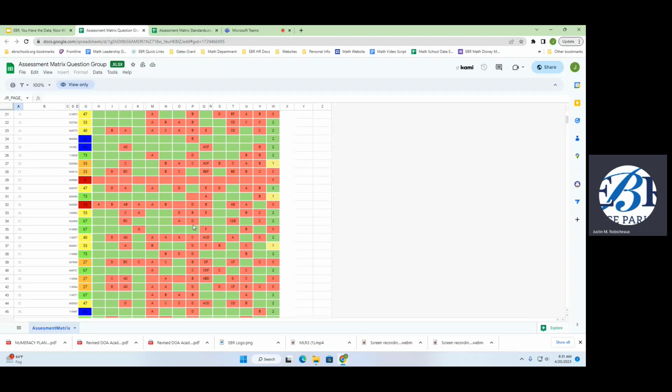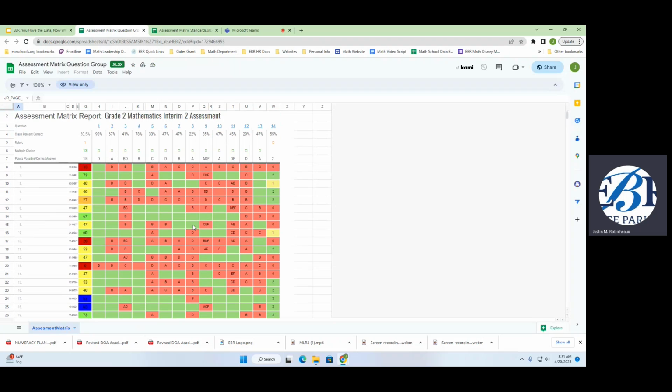So looking through quickly, I can see that a lot of students selected B and a lot of students selected D. Not too many selected C. So B and D were my distractors. And so I would want to make sure that I went back through the assessment to identify what B and D answer choices were to identify where students had the misconceptions.